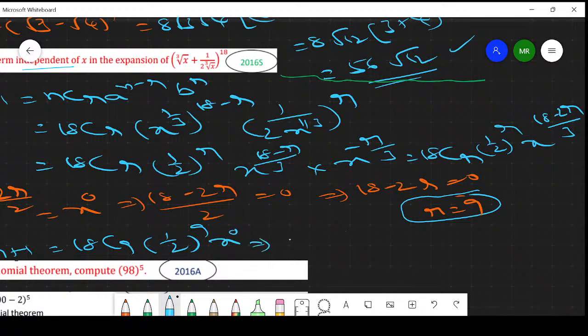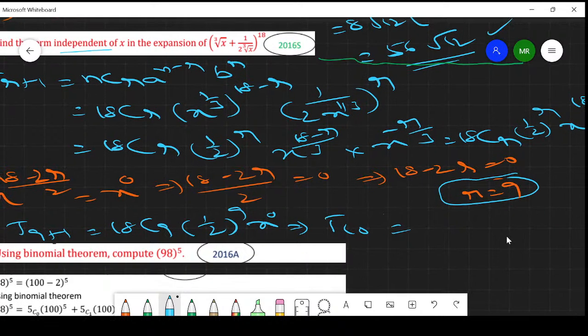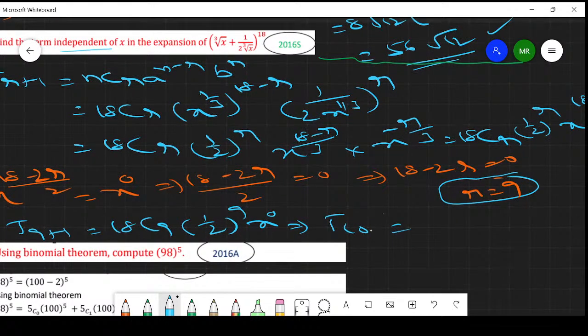So the final conclusion: T10 is equal to T(9+1), which is 18C9 by 2 power 9. That's all. 18C9 by 2 power 9 is your answer.